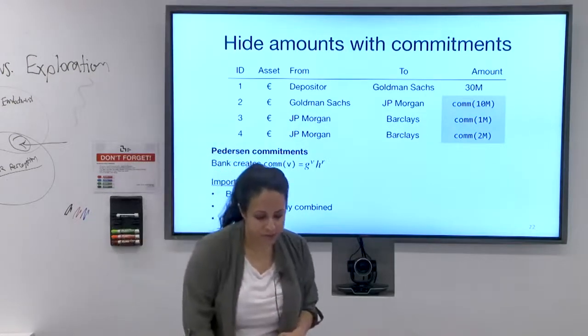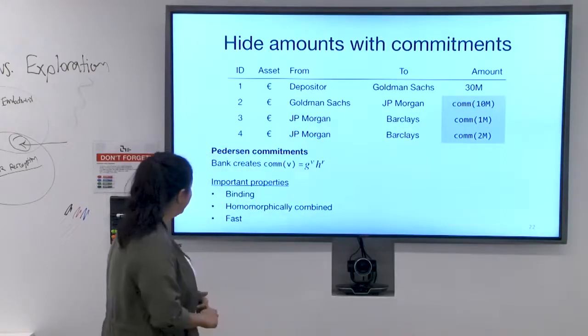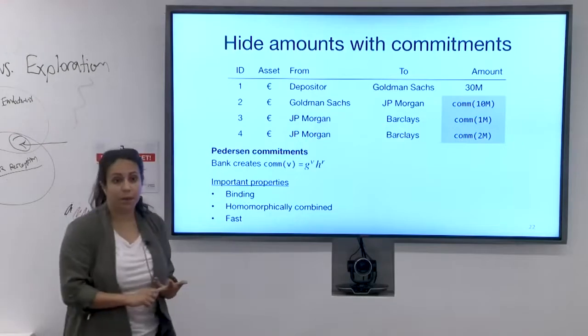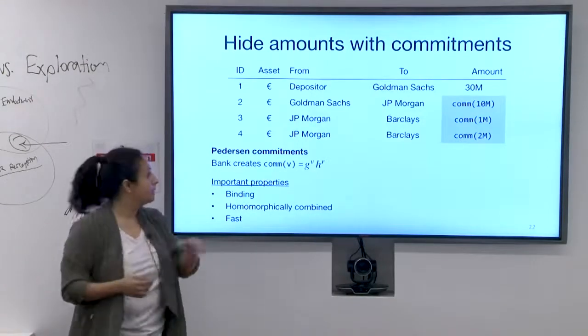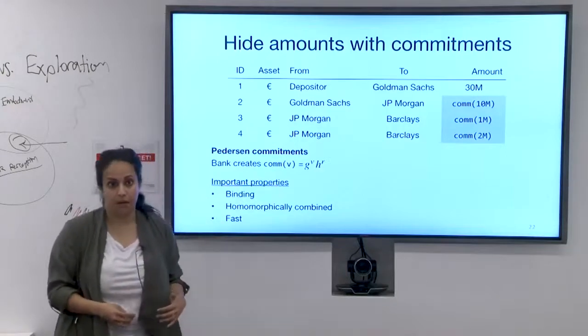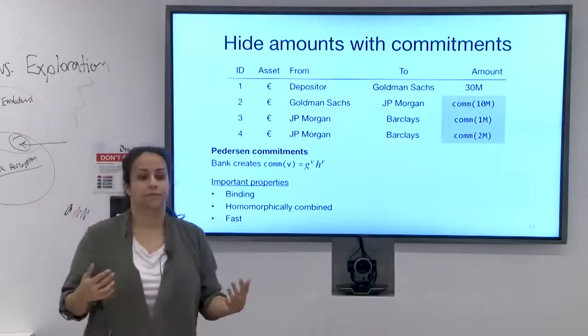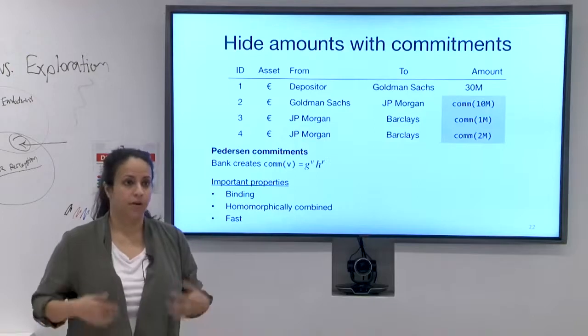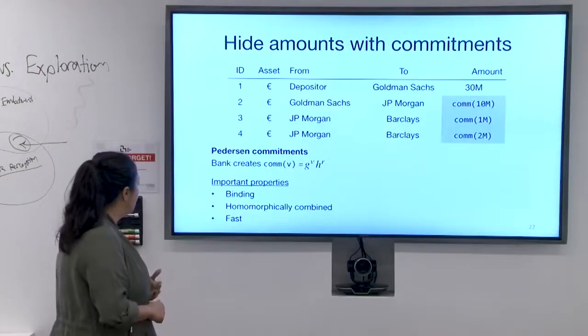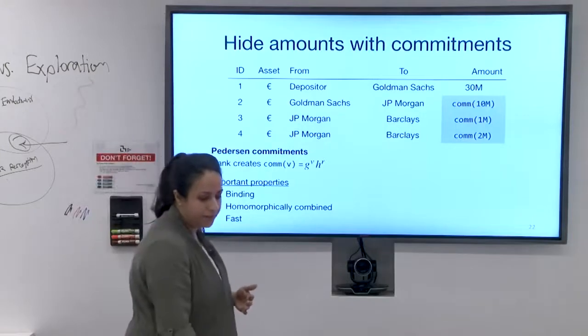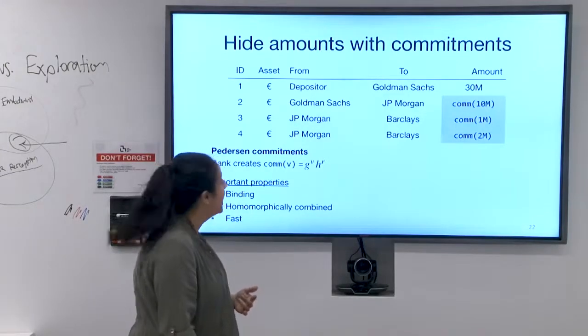And what this serves to do is it's binding. It's very difficult to come up with later a different V and a different R that ends up equaling the same commitment. And part of that is based on an assumption called the hardness of the discrete logarithm problem. And also, importantly, these things can be homomorphically combined.